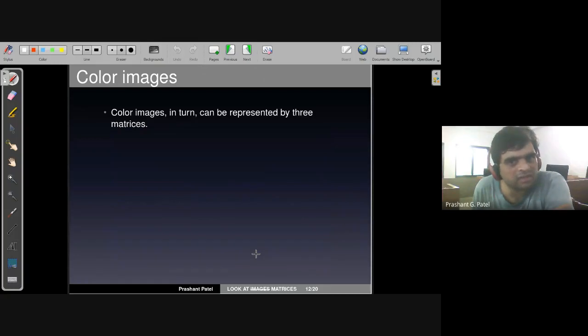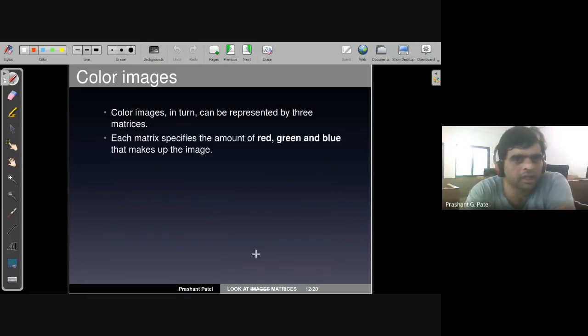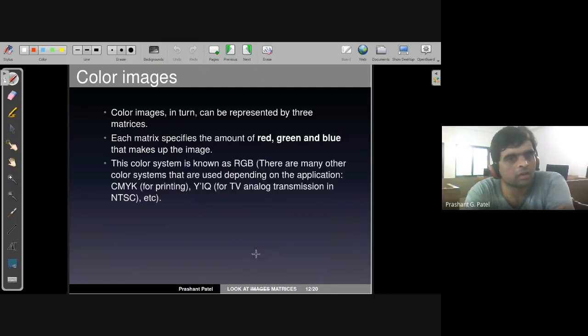A color image can be represented by 3 matrices. If you combine the 3 matrices together, then the color image is made up. Each matrix specifies the amount of red color, green color, and blue color, and together that makes up the image. This color system is known as RGB. There are many other color systems, used depending on the application.